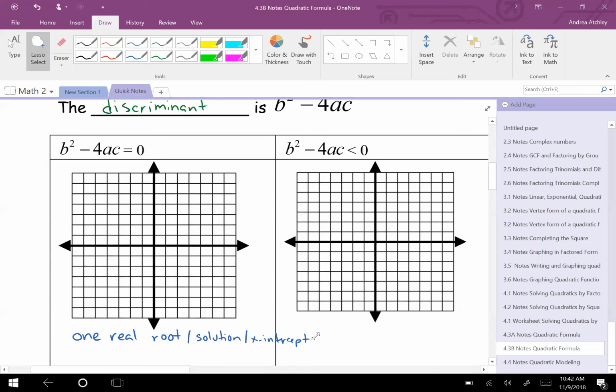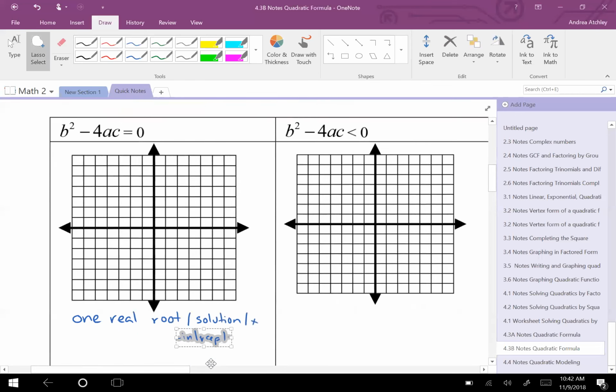Okay, remember an x-intercept? Remember, all of our solutions are x-intercepts.